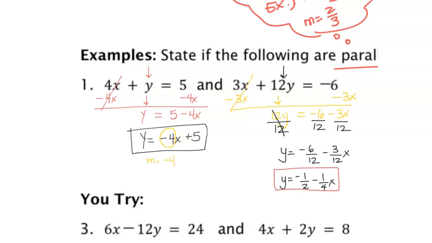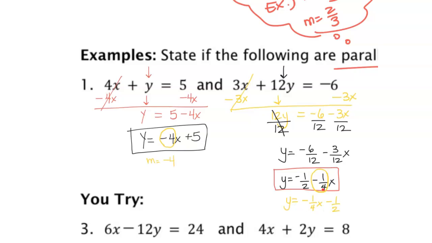And you'll just need to note that the slope is the number that is multiplied by the x, which will be negative 1/4. Or, if you prefer, you could write this as y equals negative 1/4 x and then minus 1/2, because this negative 1/2 is the same as minus 1/2.